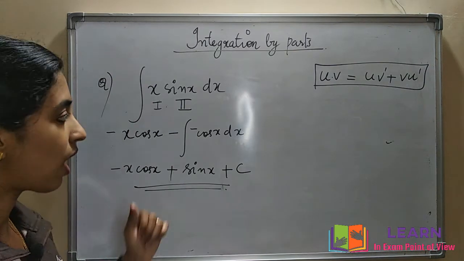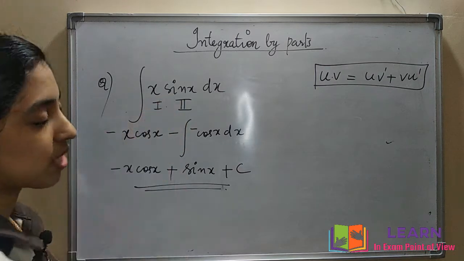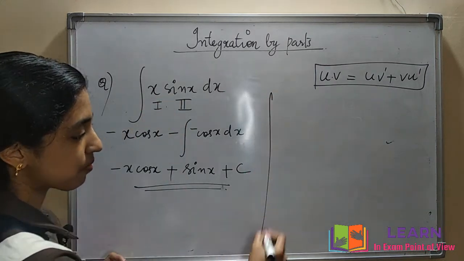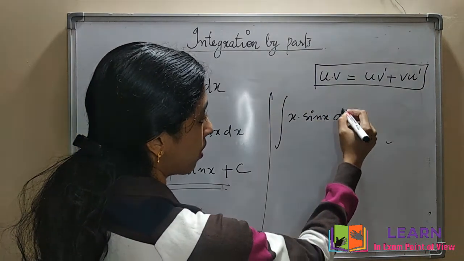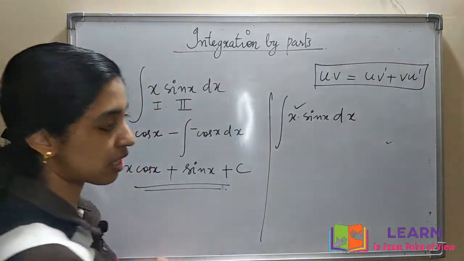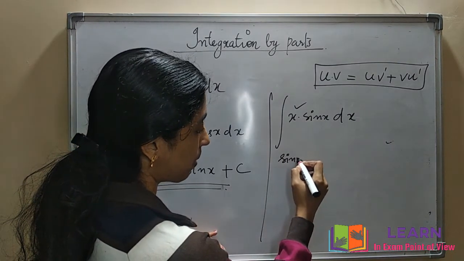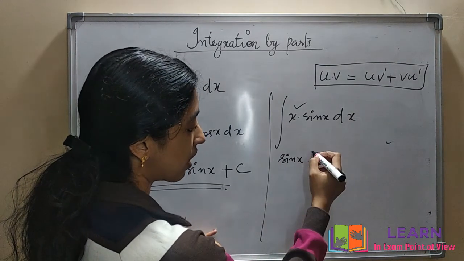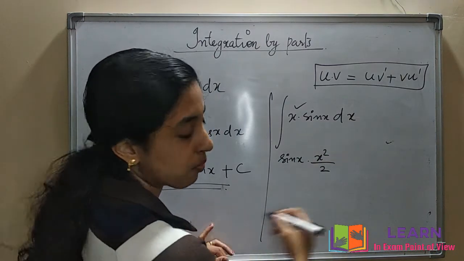Clear, students? Why did we take x as the first term here? If we took sin x as the first term, what will happen? Sin x into integral of x. Integral of x is what? x square by 2.